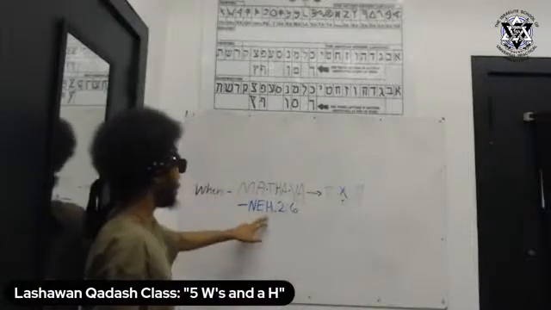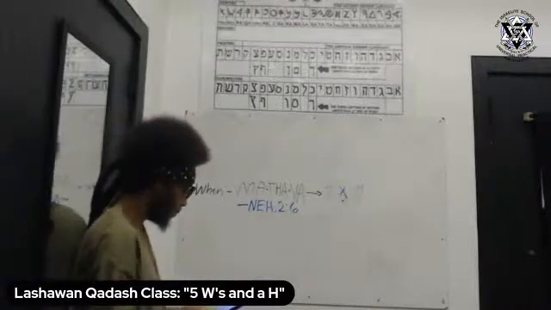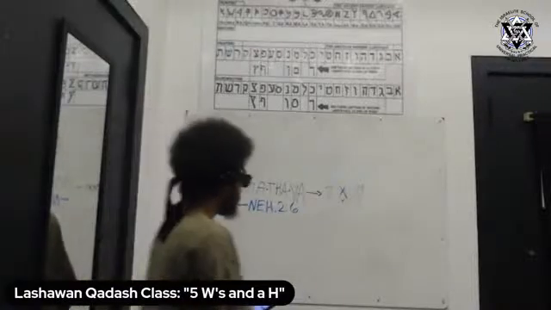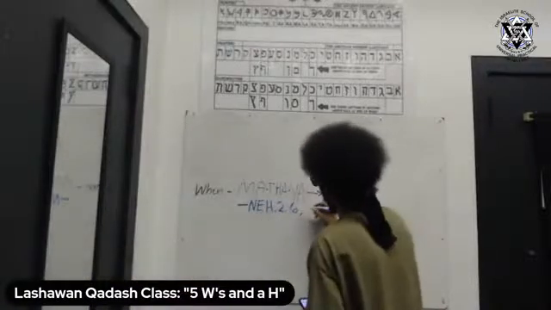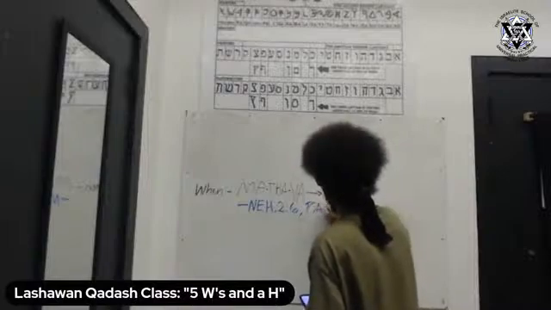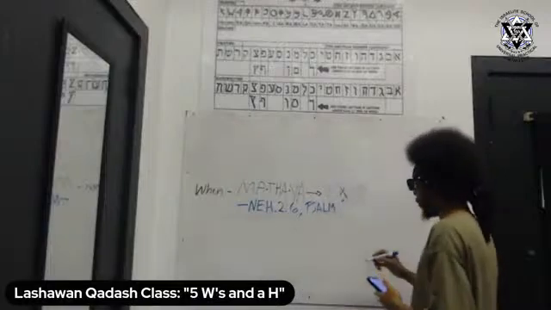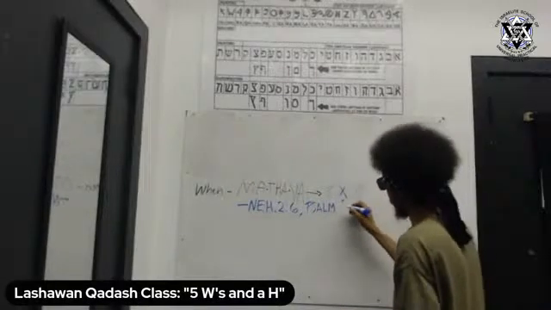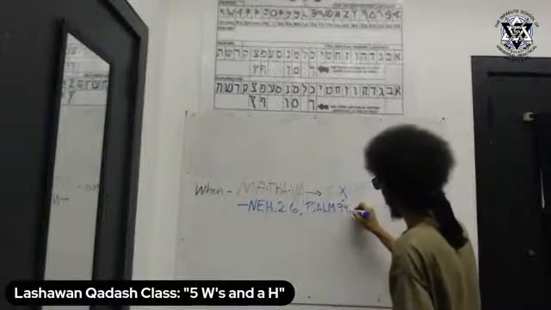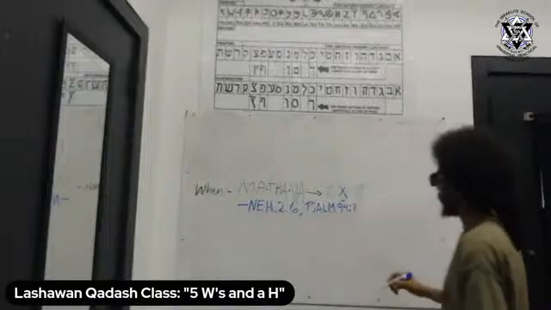So Nehemiah, which is the book, chapter 2, verse 6. All right? Let's keep going. We got Psalm. You got Psalm chapter 94, verse 8. All right?